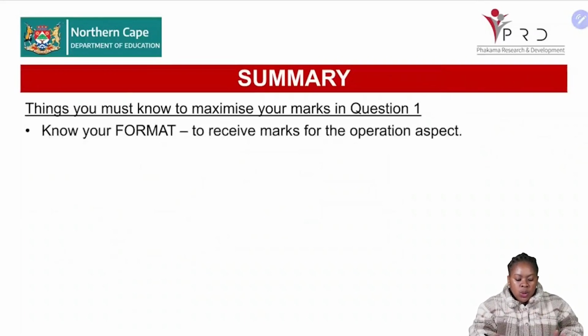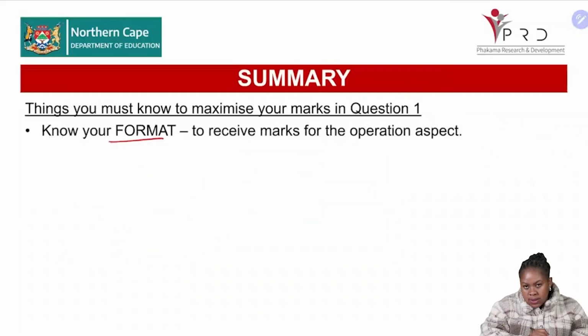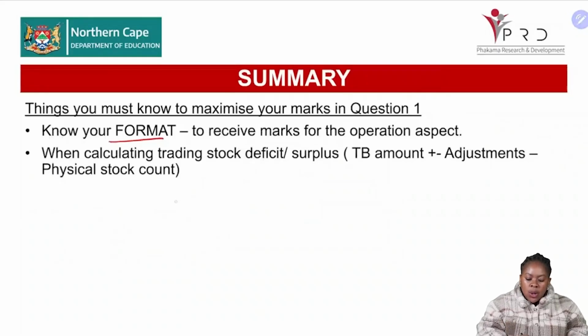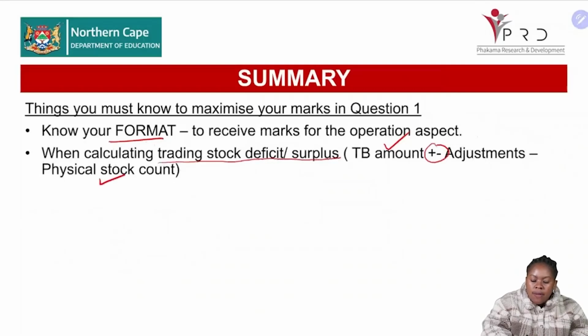So you need to know your format, first things first. If you don't know your format, you lose out on operational marks. Okay, then when calculating trading stock deficit or trading stock surplus, you have to have the trial balance amount. You need to plus or minus adjustments, okay? And then only you subtract your physical stock count, and that will give you a minimum of 3 marks if you actually show the workings.